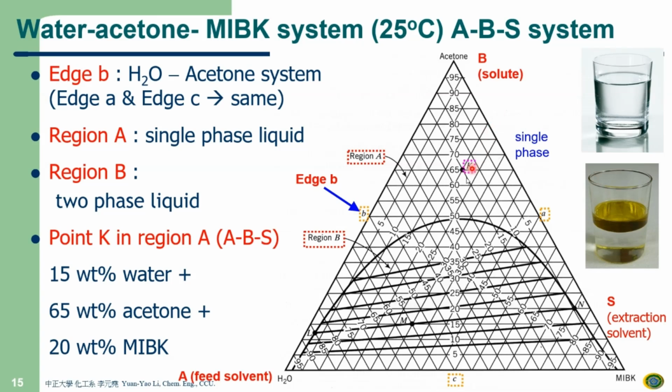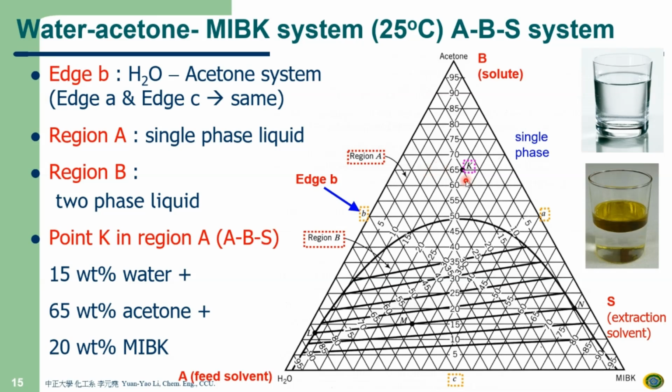This line is parallel to MIBK, right? What's the percentage here? 20%. Okay? So if I give you a point in this region, please tell me the percentage of the A, B, and S.